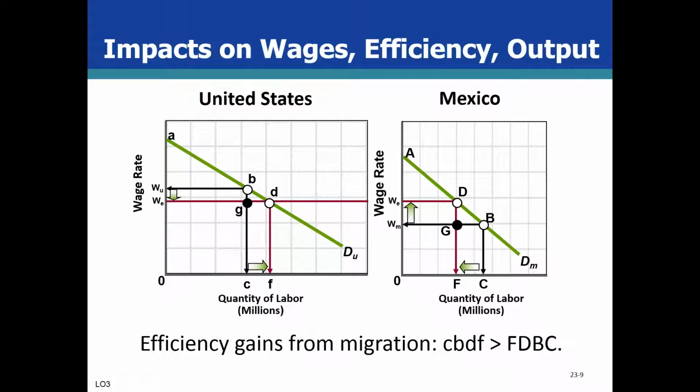So in this particular case, migration of workers from Mexico to the United States has obviously increased the output in the United States, but it has also lowered wages from WU to WE.